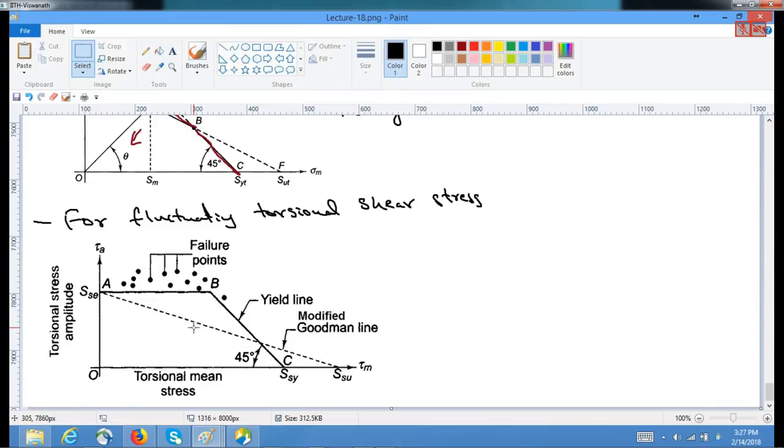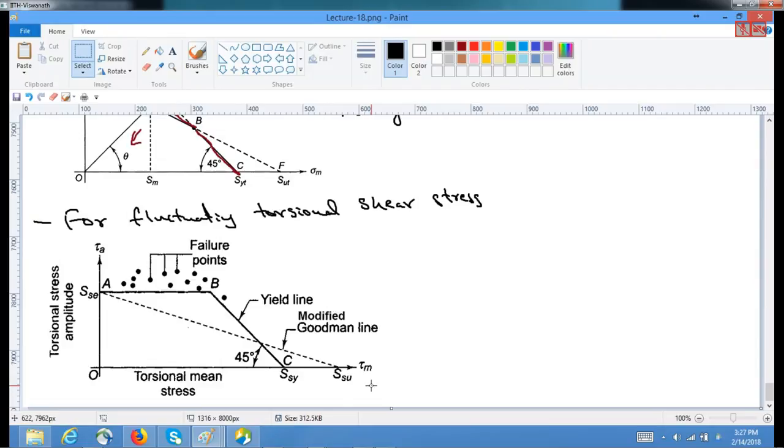Because if you over-design, your sections will become much thicker. In order to be economical and still safe, people have come up with further modifications. These can be used in designing shafts, beams or bars subjected to different types of loading when you have non-zero mean stress.